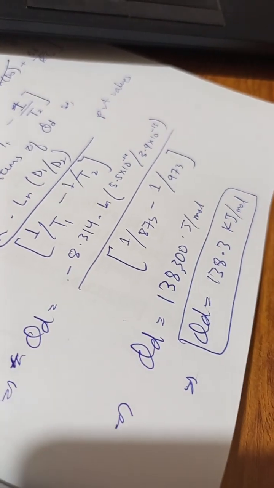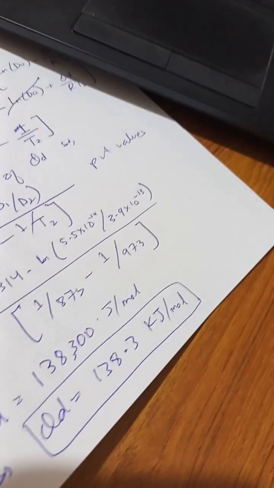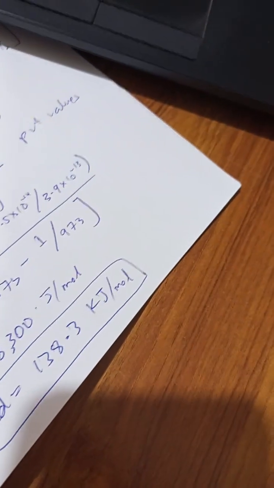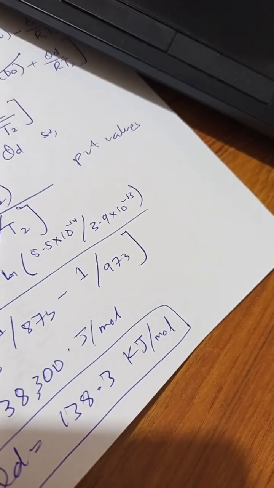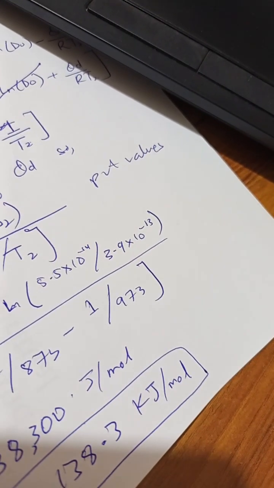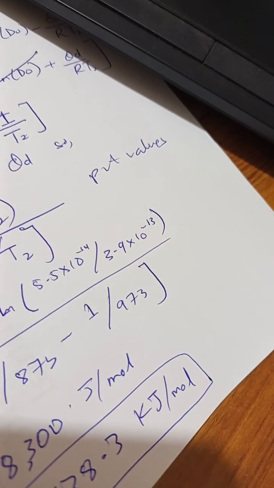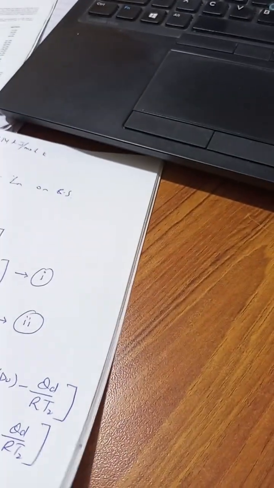The half work of the first part A is already done. We have already calculated QD. Now we are going to calculate D0, or we can say D naught. How are we going to calculate D naught? It is very simple. We can put D naught in either equation 1 or equation 2, but in my case I will prefer using equation number 1.